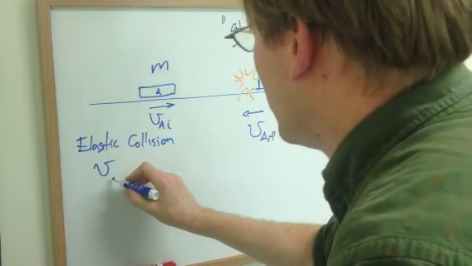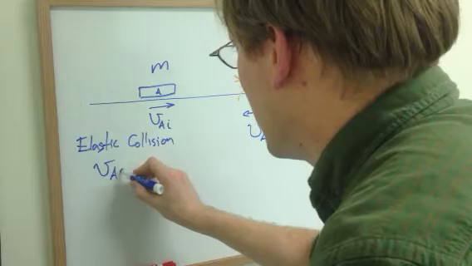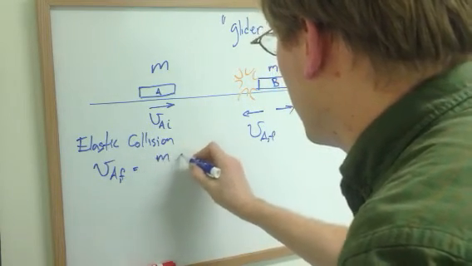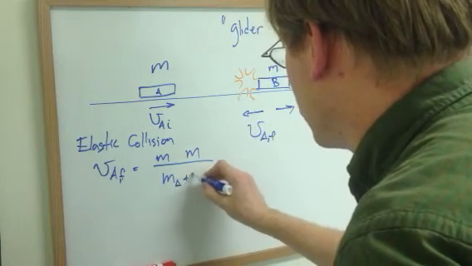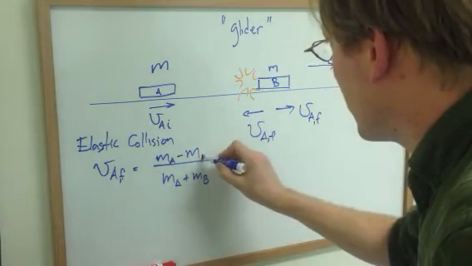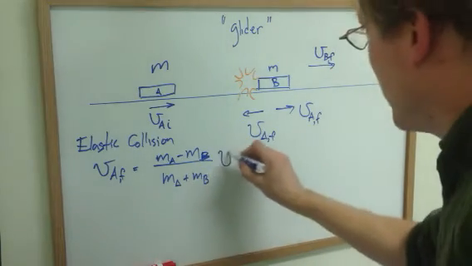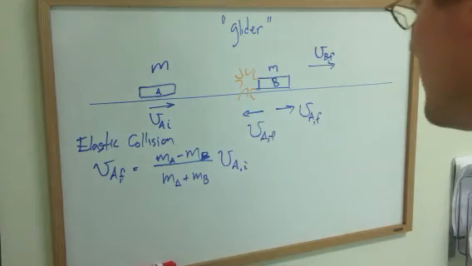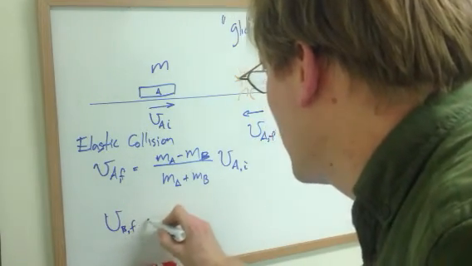It says the velocity of the incoming object, its final velocity, is a function of the two masses, mass A minus mass B, over mass A plus mass B, times the initial velocity. This equation is in the notes.